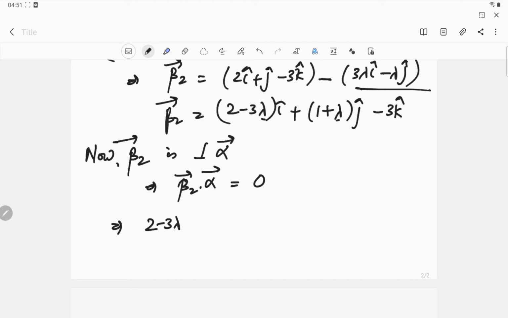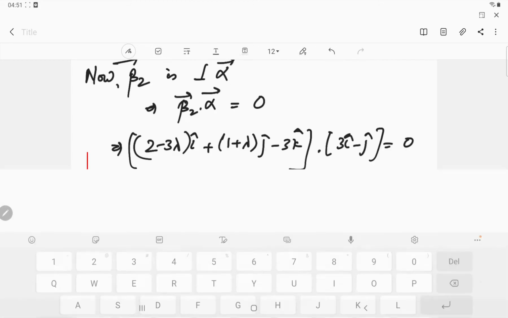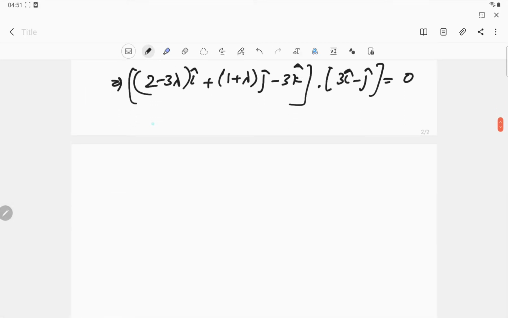So (2 minus 3 lambda) i cap plus (1 plus lambda) j cap minus 3k cap, its dot product with alpha vector, which is also known to us, 3i minus j, is equal to 0. So if we do the dot product, (2 minus 3 lambda) into 3 plus (1 plus lambda) into minus 1, and there is no k cap term in alpha vector, so it will be simply equal to 0.